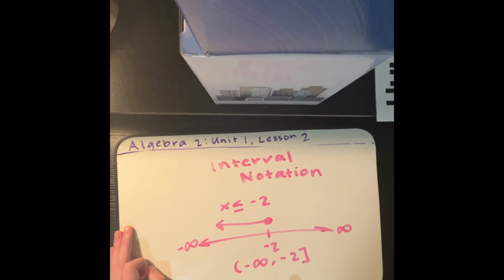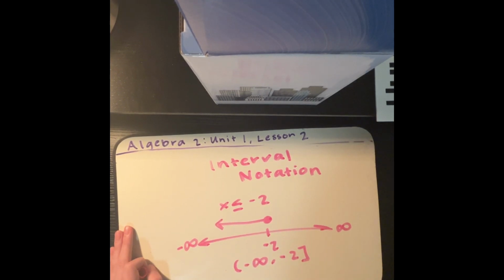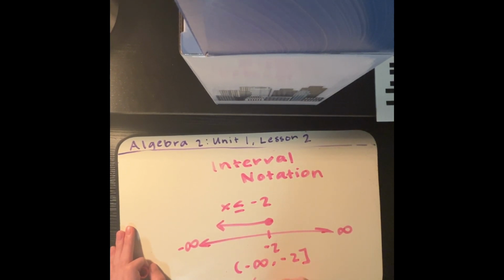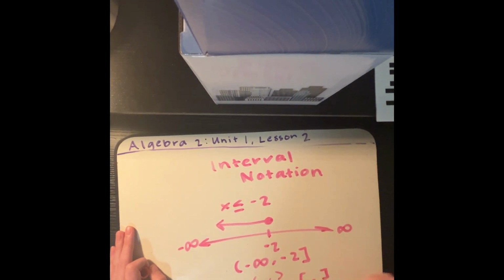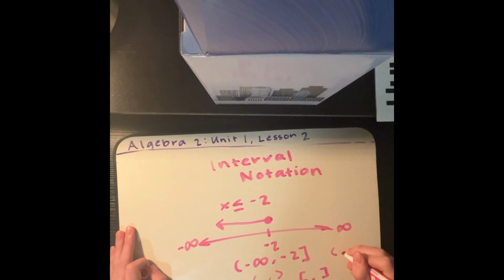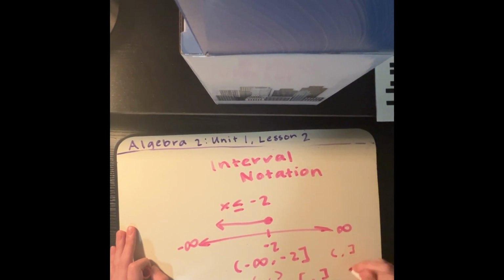It's going to be negative 2 with a bracket because it's a closed circle and it's less than or equal to. So that's what tells us it's a bracket. So it's not always going to be parenthesis, comma, parenthesis, or bracket, comma, bracket. It could be parenthesis, comma, bracket, or bracket, comma, parenthesis. It can be any of these four.